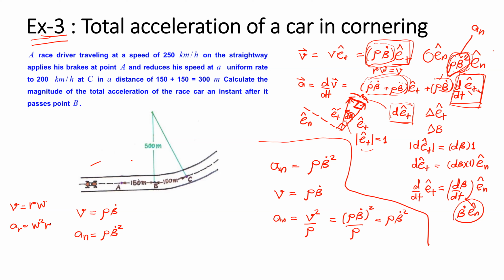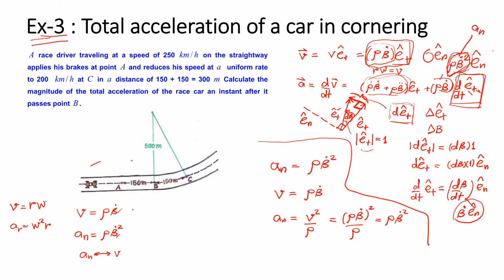But what I'm going to do is, how can we relate the normal acceleration to the velocity, to the speed or the magnitude of the velocity, if we don't want to talk about the angular velocity?